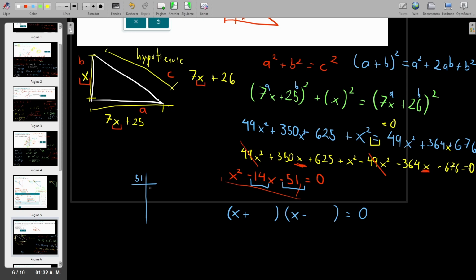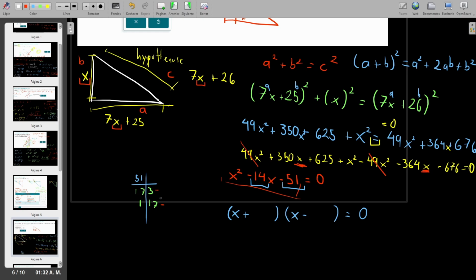But if we divide this by 3, this number is going to be 17. 17 times 3 is going to be 51. This number is a prime number, so 17 over 17 is going to give us the number 1. So this is how we can factorize this number 51 between 3 and 17.